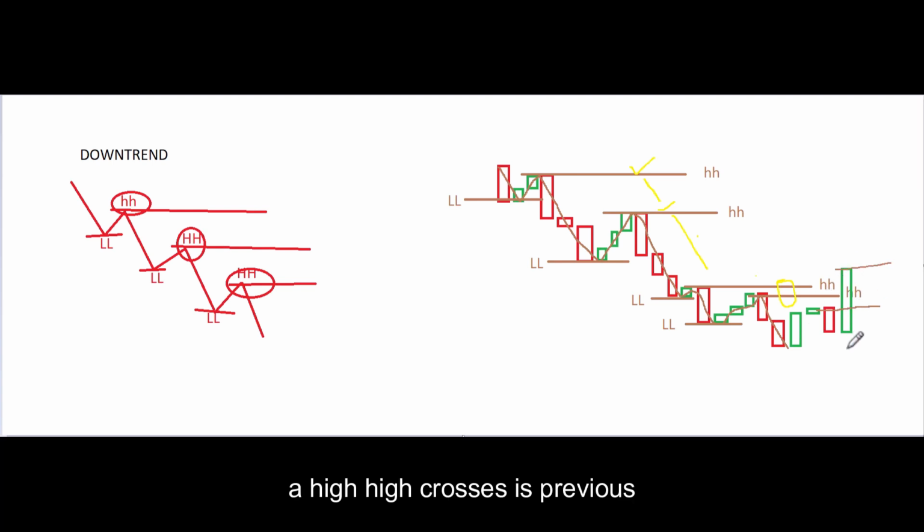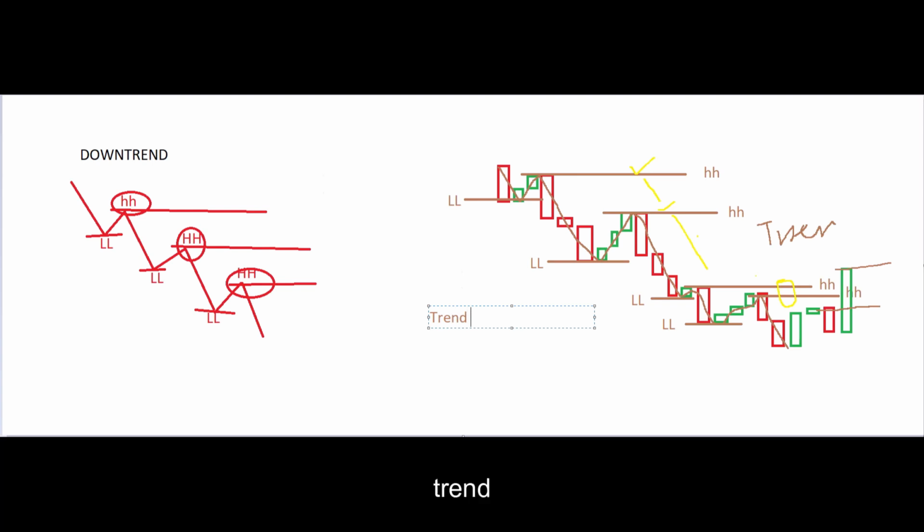When a higher high crosses its previous higher high, you need to get cautious and you need to understand that the uptrend may be ending. But there is something you need to understand: when a higher high crosses its previous higher high, it does not mean that the trend has changed. It does not mean that there is a trend reversal.